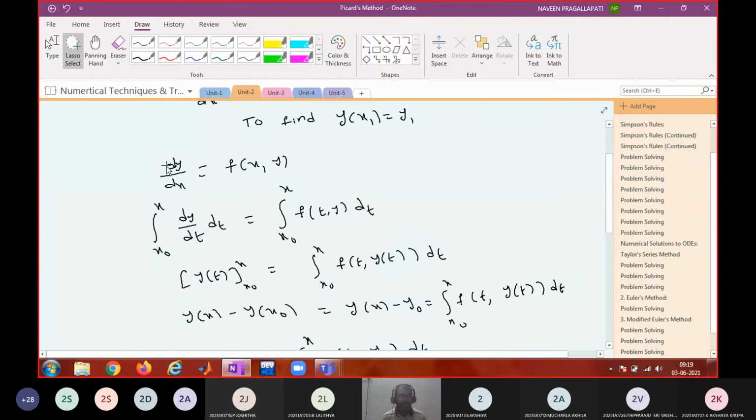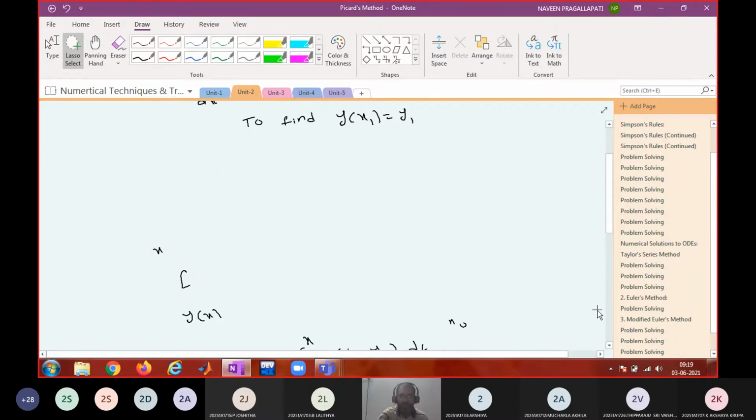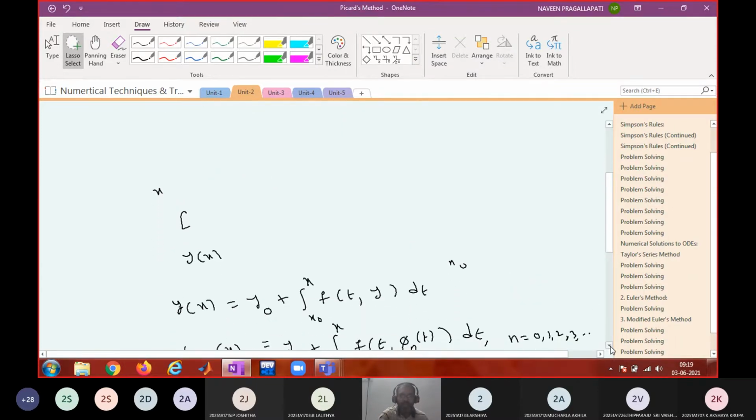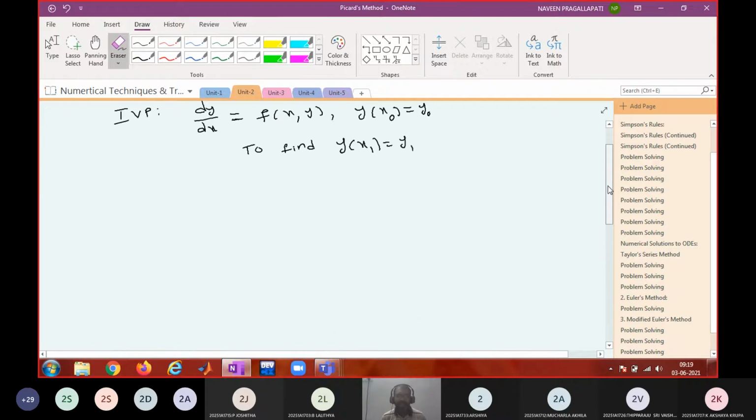These things I am going to erase. It's only for your understanding. You just write down the formula like this.